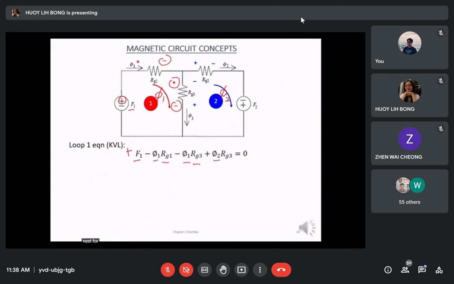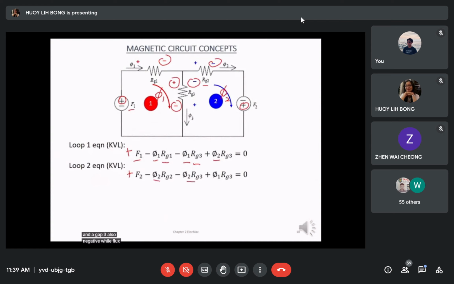Next, for the KVL equation for loop 2, we have flux 2 flowing out from F2 as positive, flowing out of air gap 2 as negative, and air gap 3 also negative.